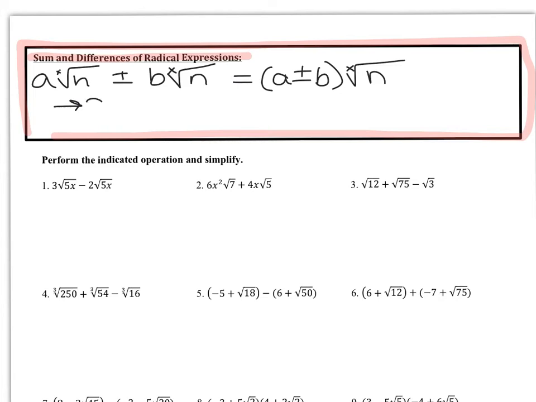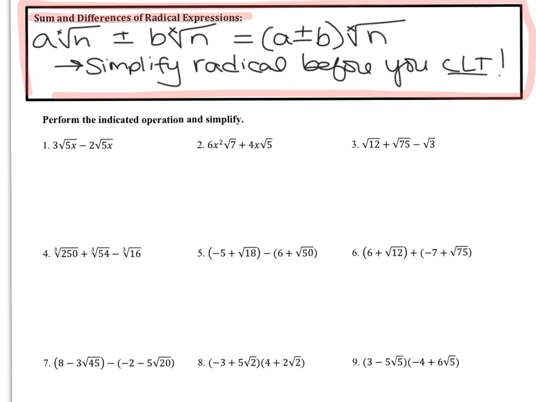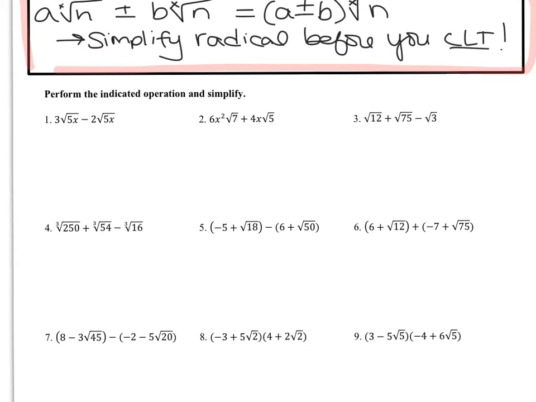So the big thing with these is I always want to simplify the radical before I combine like terms. This is just like combining like terms. You can only add the terms that are the same. Radicals can only be combined with radicals that are the same. So if I look at this problem here, they both have rad 5x, so I can go ahead and add up their coefficients. 3 and negative 2 make 1, so I'm left with 1 rad 5x, which is just the square root of 5x.